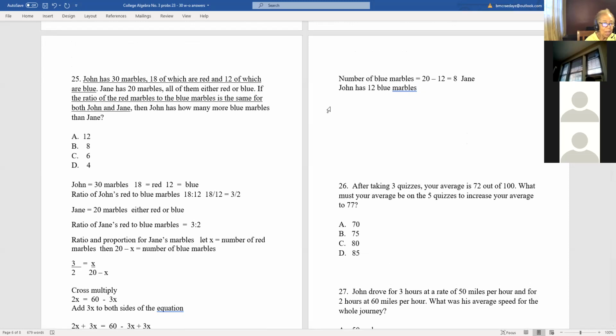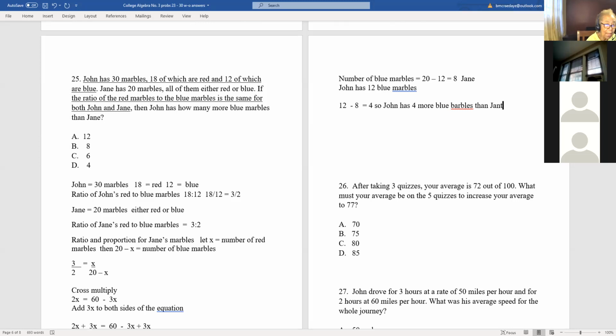Okay, so we take the difference: 12 minus 8 equals 4. So John has 4 more blue marbles than Jane.